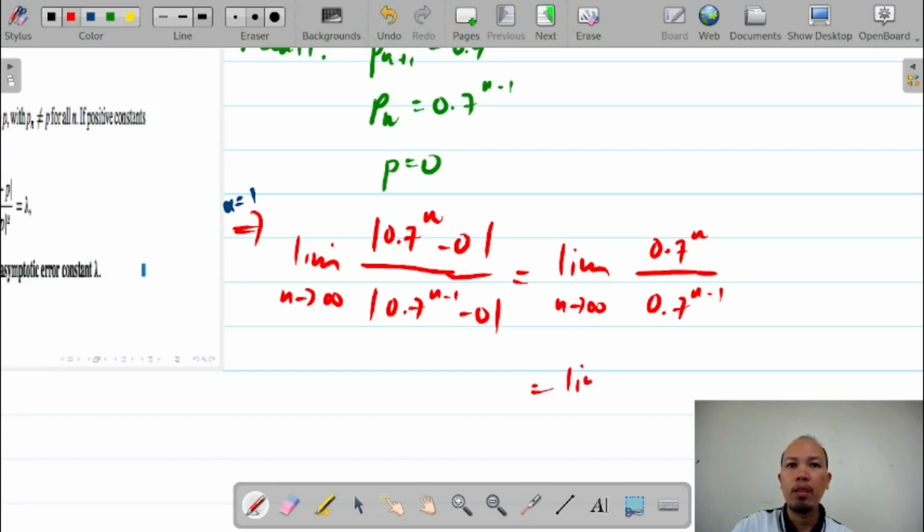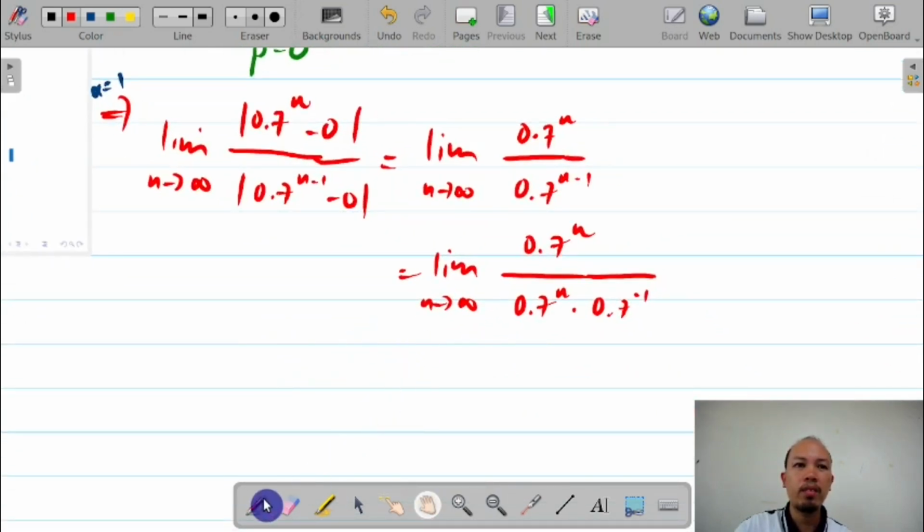So we have the limit of 0.7 to the n times 0.7 to the negative 1 as n approaches positive infinity.